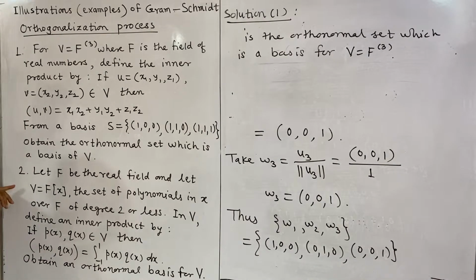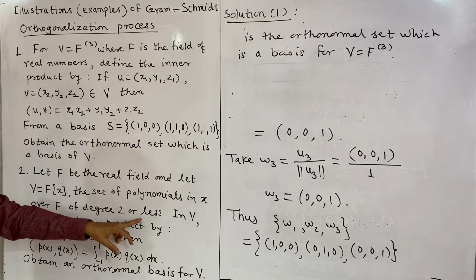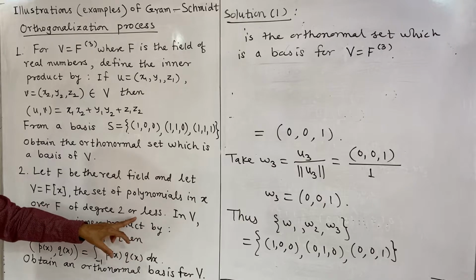Now we consider the second one. Here F is the real field again, and let V equal F of x, the set of polynomials in x over F of degree 2 or less, that is, less than or equal to 2.